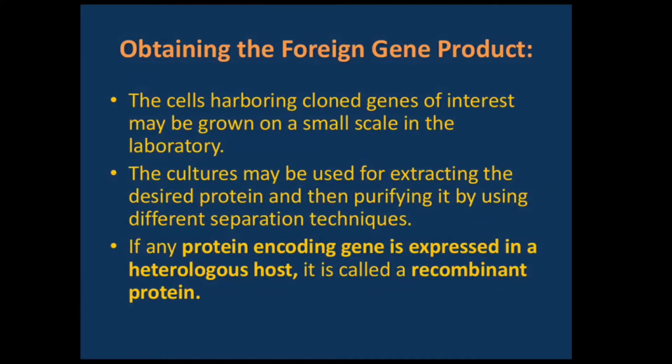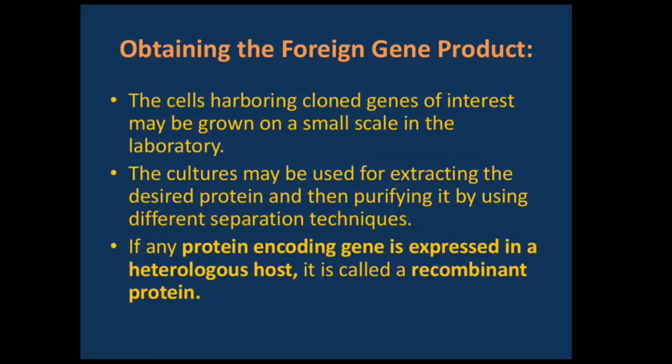When you insert a piece of alien DNA into a cloning vector and transfer it into a bacterial or a plant or animal cell, the alien DNA gets multiplied. In almost all recombinant technologies, the ultimate aim is to produce a desirable protein.